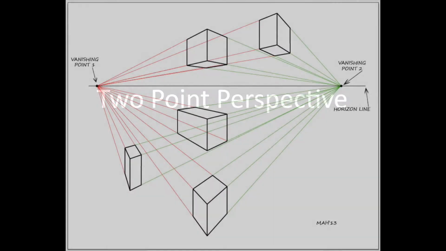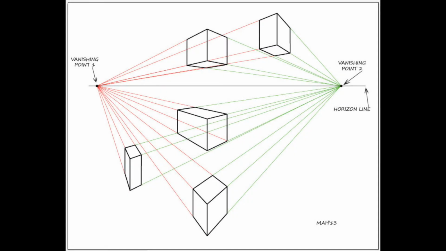Next, we have 2-point perspective. The principle is the same. We have a horizon line, but now we have 2 vanishing points, 1 to the left, 1 to the right on the horizon line. And the lines you will see on the top of the box to the right move to the vanishing point on the right and then converge, and the top of the box on the bottom, its lines go to the left, so that you have 2 sets of converging lines.